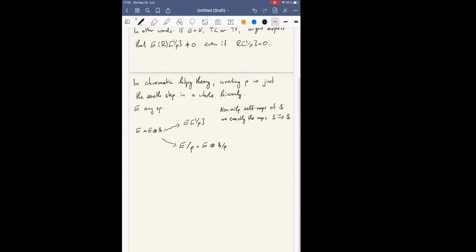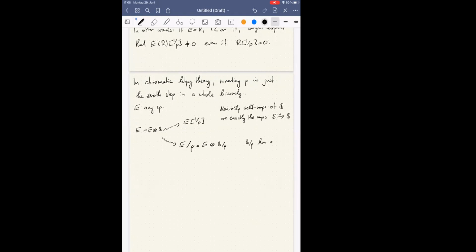Okay. So it turns out now that S mod P has an essentially unique self-map called v1, which was found by Adams. So strictly speaking, it's a graded self-map, so it has a positive degree.